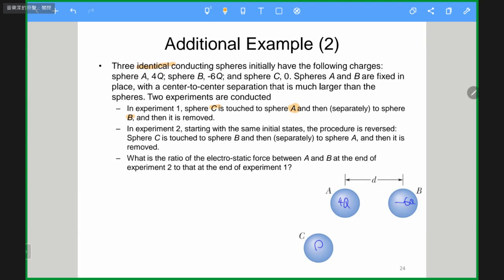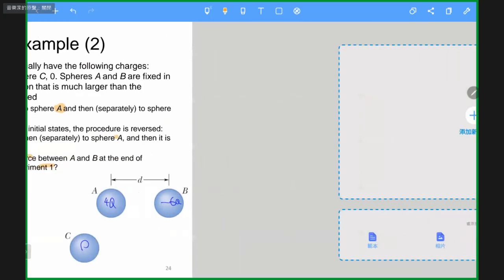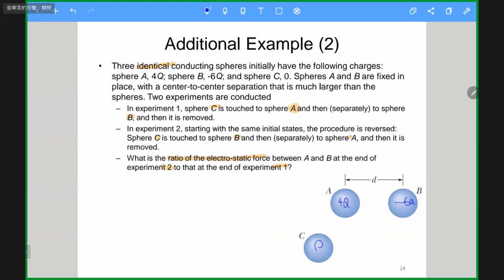For experiment 2, starting with the same initial state, the procedure is reversed. So C touches B first and then touches A. It asks you what is the ratio of electrostatic force between A and B at the end of experiment 2 to experiment 1. Okay, so let's try to do this.